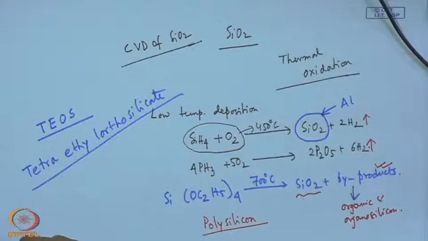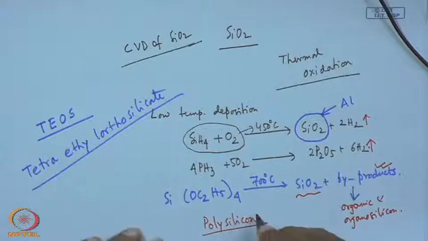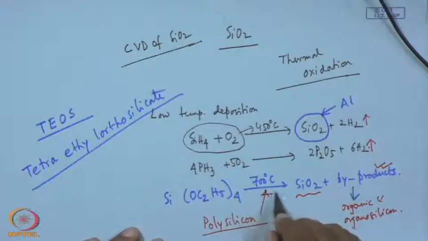Sometimes polysilicon is grown over silicon for making ohmic contact or making some shallow junction on silicon. So, a large number of applications are there for polysilicon, and its melting point is high. So, one can use this tetraethyl orthosilicate, that means TEOS, for making SiO2 over polysilicon.